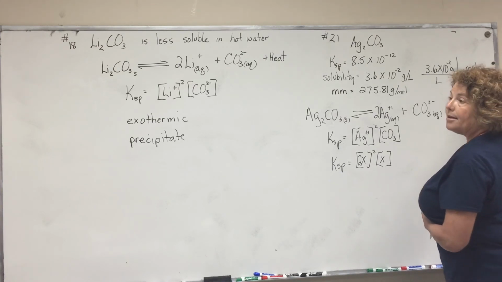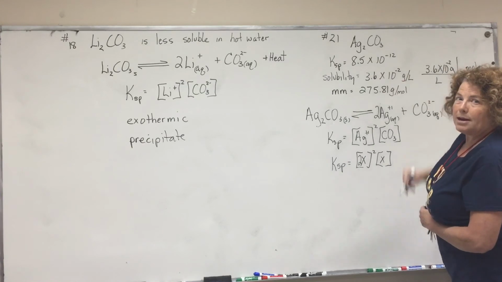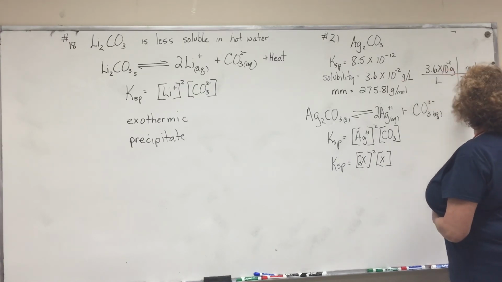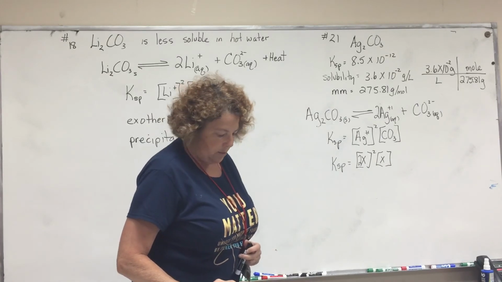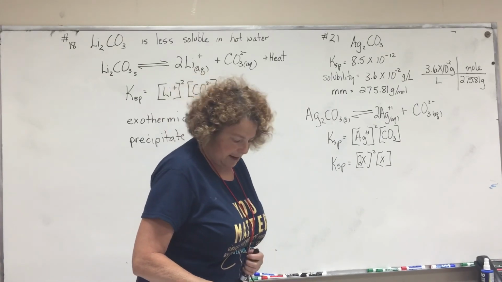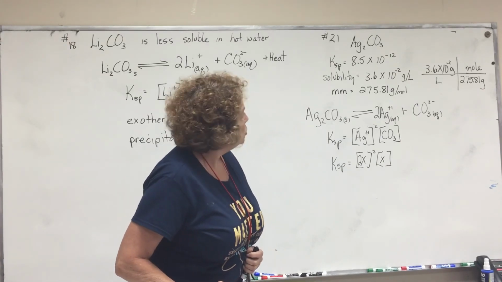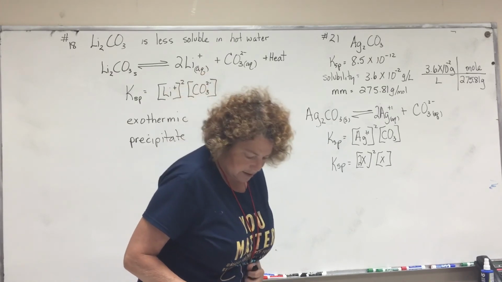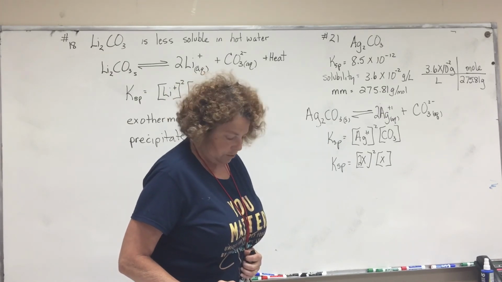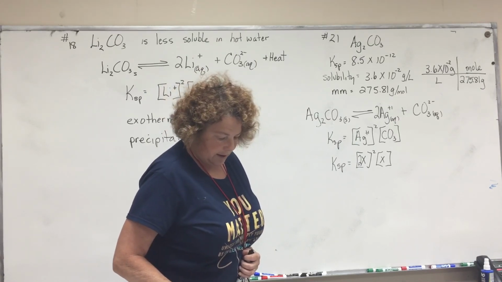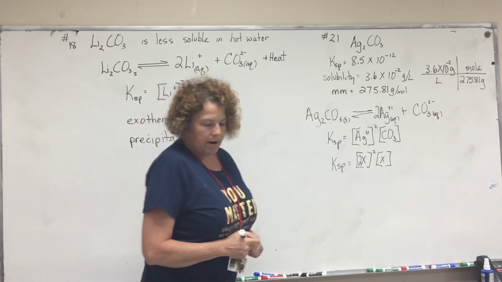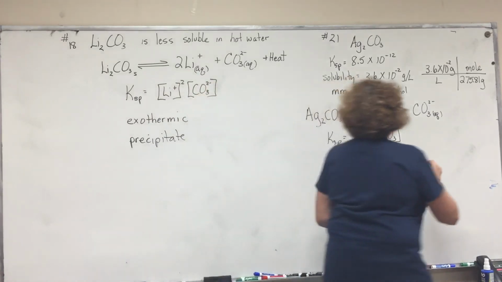Okay, and I put that grams per mole. We know from math, we can multiply top and bottom by mole. So when we do this, we get 3.6 times 10 to the negative 2 divided by 275.81. We get 1.3 times 10 to the negative 4.